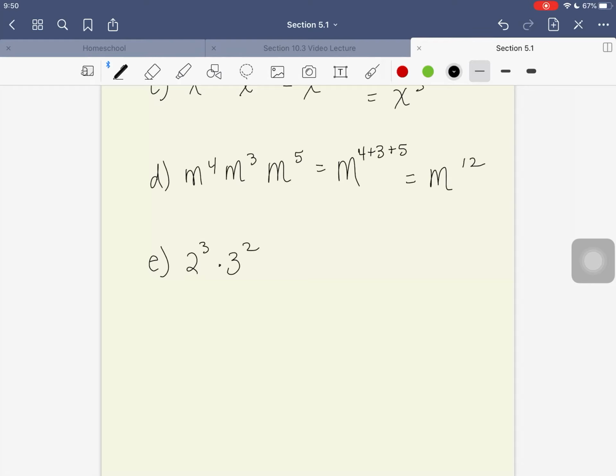All right, this one, we have unlike bases. So we're going to simplify them individually. So 2 to the 3rd power is 8. 3 to the 2nd power is 9. And 8 times 9 is 72.